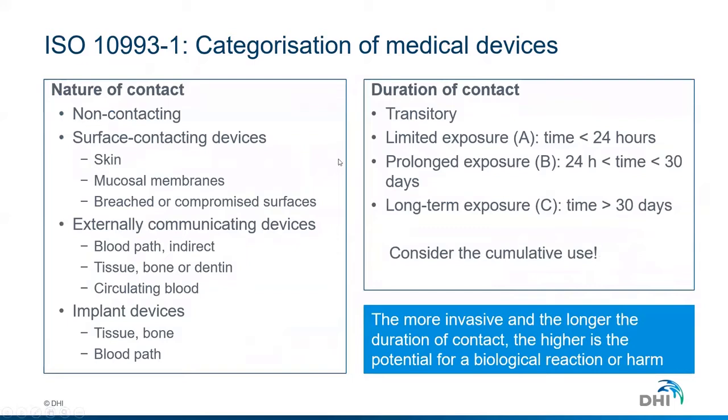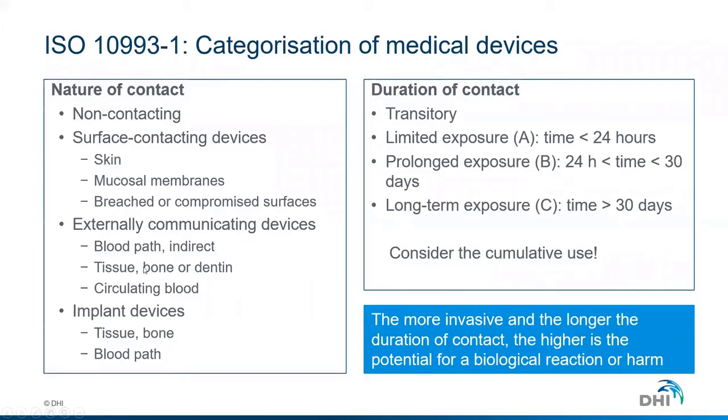So you can start off by categorizing the devices, ranging from non-contacting devices, to devices only in contact with surfaces, so skin, mucosal membranes, or maybe breached or compromised surfaces like wounds. They can be externally communicating devices that are in contact with the blood path indirectly, through injection for instance.